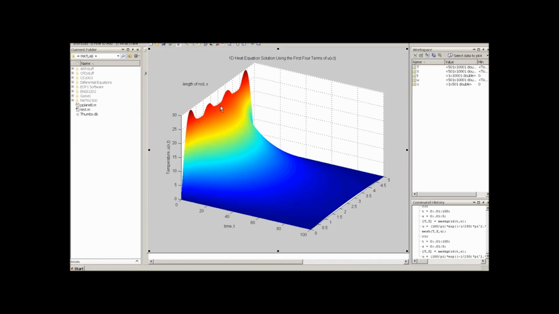But as time moves forward, the temperature at that point in the middle of the rod decreases. And then eventually, all of the heat that's in the rod escapes through the ends into the reservoirs, and you can see that it eventually reaches a steady state of 0 degrees throughout the length of the rod.